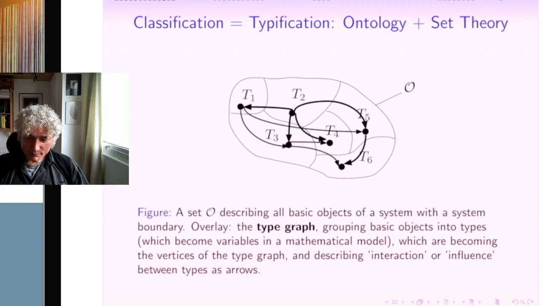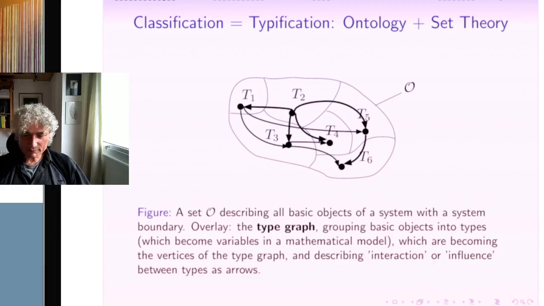So all basic objects that are of type T1 form the group that is represented exactly by this type T1. So you see there is a pattern emerging how actually the type graph was put on top of the basic objects as a hypergraph, and the vertices of the type graph now can be interpreted as hyperlinks.